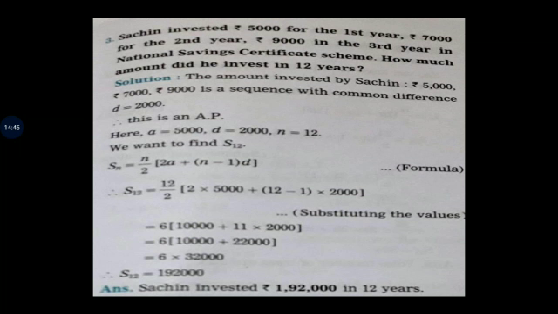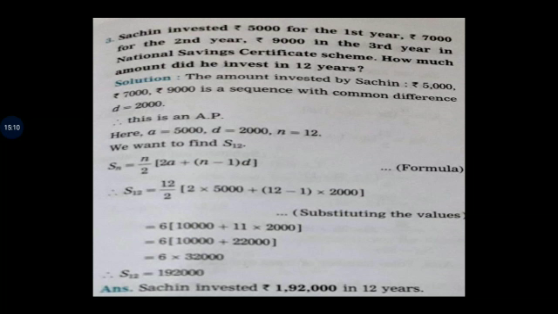Now see, the same thing you have to use here. Here your A is 5,000. Sachin has invested 5,000 in the first year, 7,000 in the second year, 9,000 in the third year. Using those values, your A will be 5,000 and D, the difference, is 2,000, and N is 12 years.